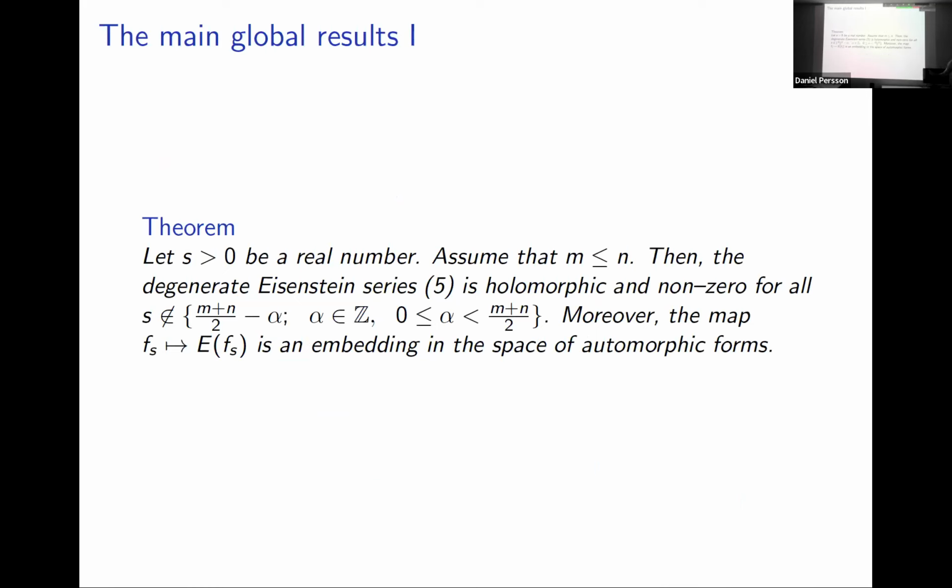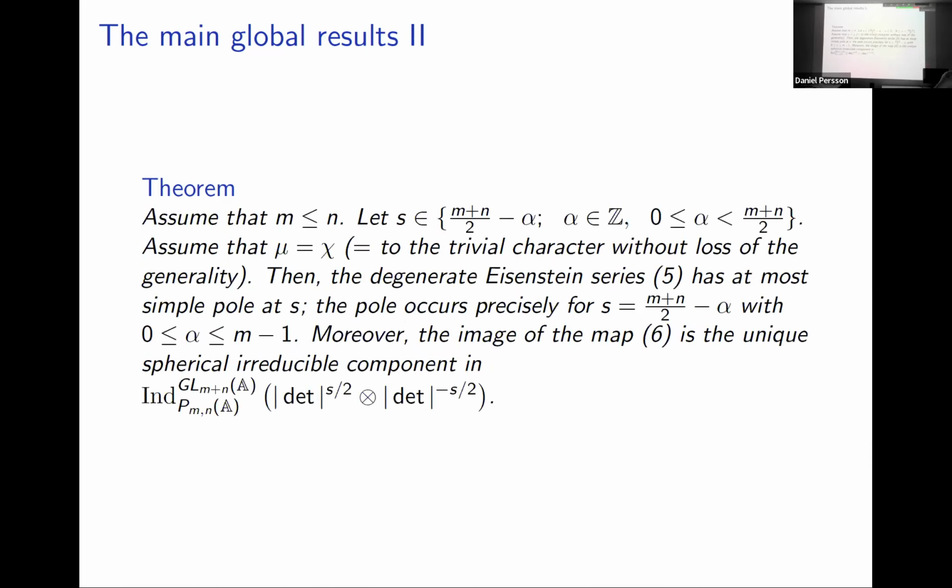So let me see what the main results are. What is happening in the right half plane? Well, the easy situation is if s is not among these numbers, n plus n over 2 minus alpha, where alpha is an integer. Then this is actually an embedding, and the induced representation gets embedded in the space of automorphic forms. There are no poles. Okay.